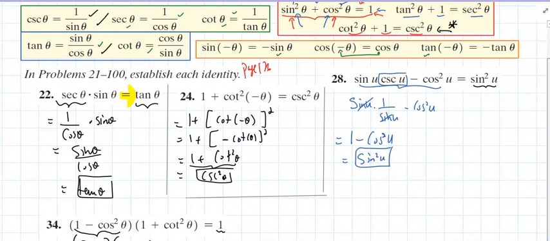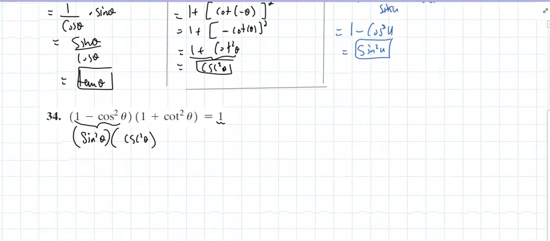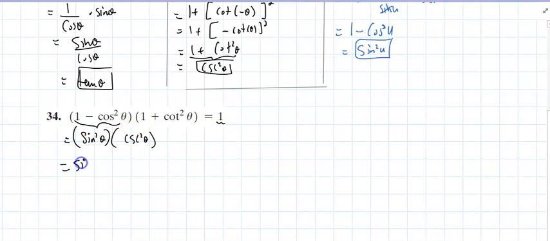You see that 1 plus cotangent squared, it's right there. That is cosecant squared of theta. So, isn't that sine squared of theta times 1 over sine squared of theta? Well, those cancel out, and guess what I'm left with?